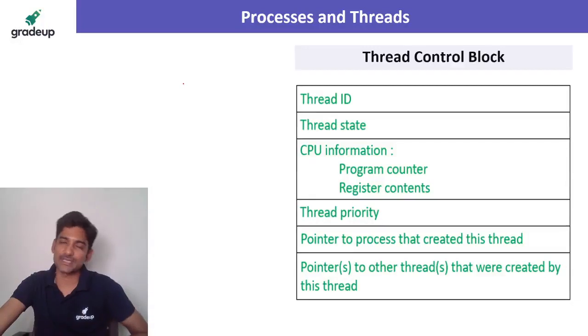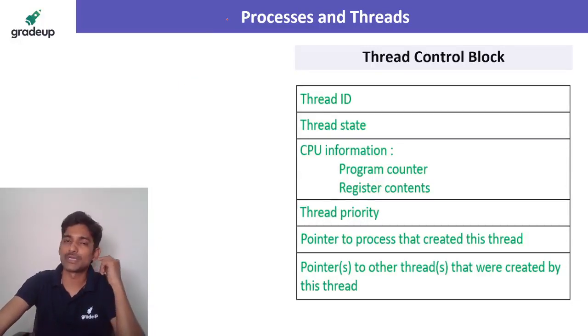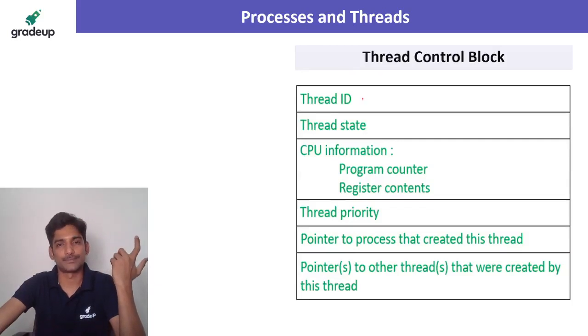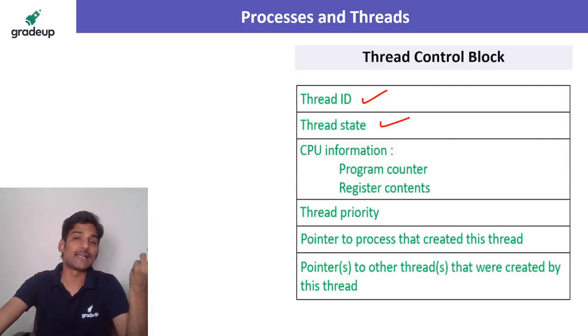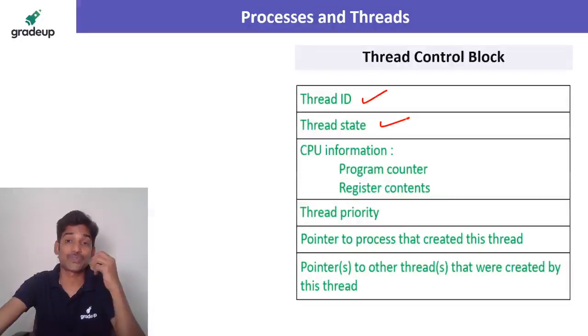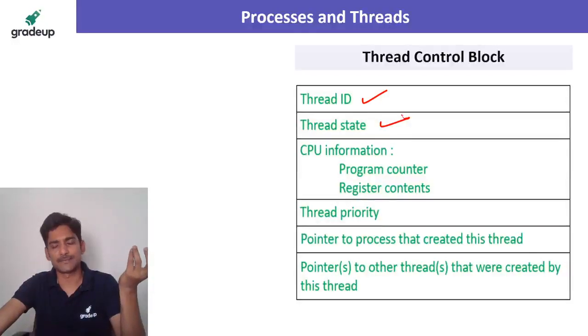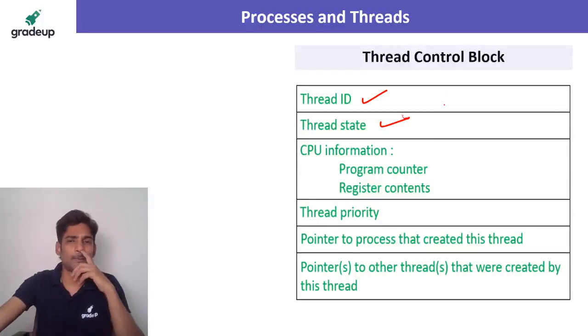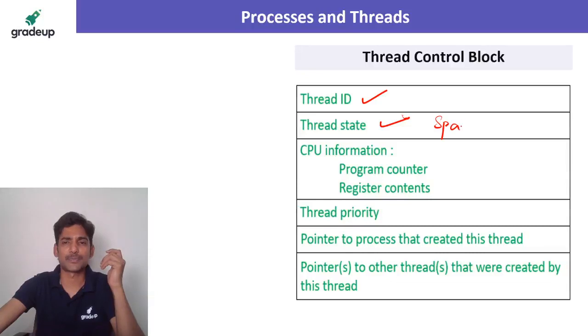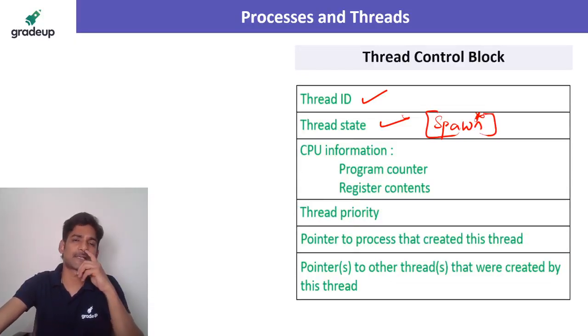Like how a process has a process control block, a thread also will have a thread control block. Like process ID, there is a thread ID. Thread lifecycle is also there, with almost similar phases, and there will be some other state called spawn state. But when the time comes, I will explain this thread lifecycle.